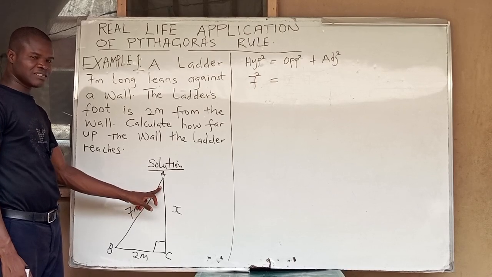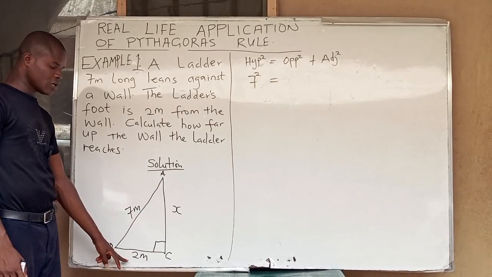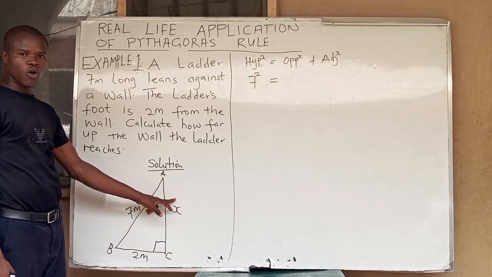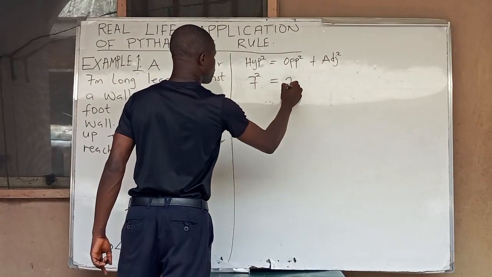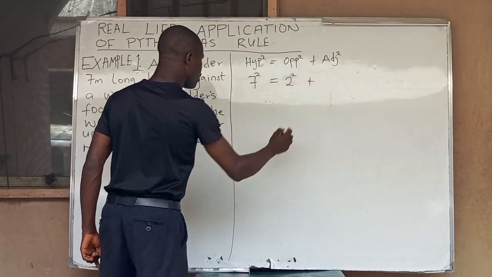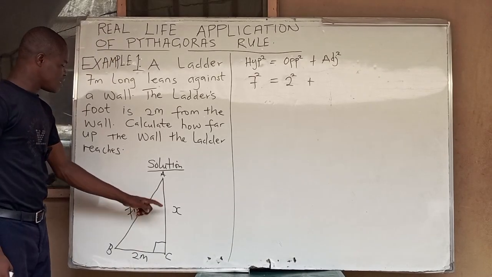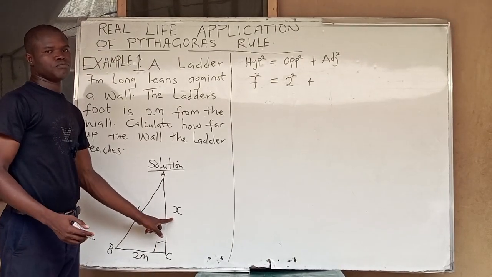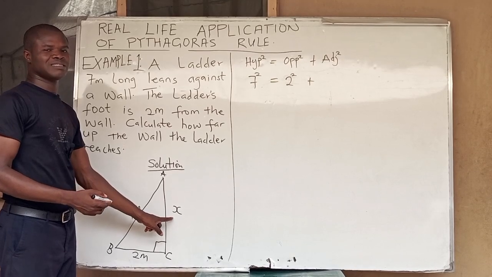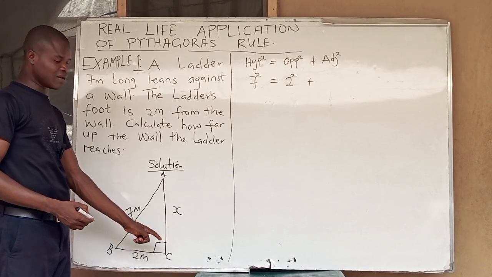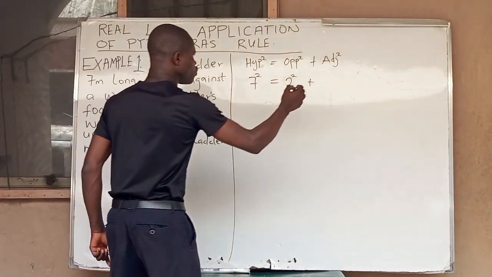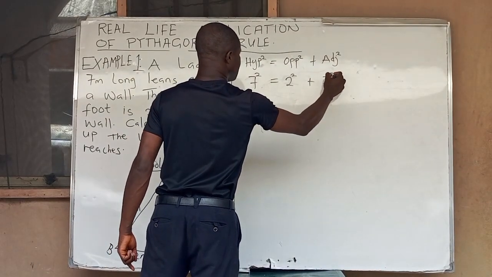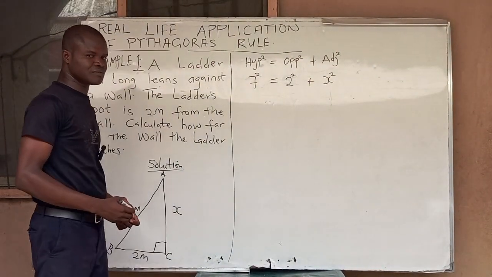Line BC is 2 meters square, plus our line AC is X, because it has no value. This is the line we are asked to determine. This is the height of the wall we are asked to determine. So we put our X and then bring down the square of the adjacent.